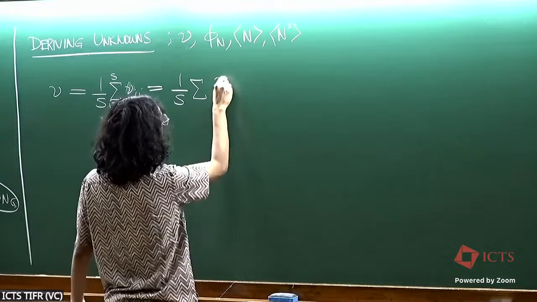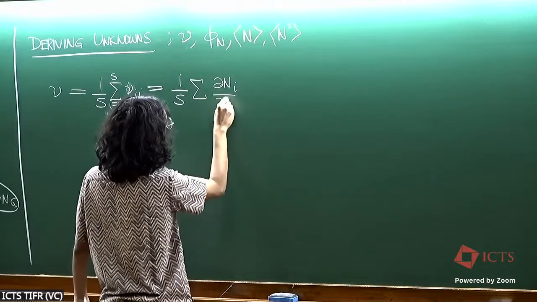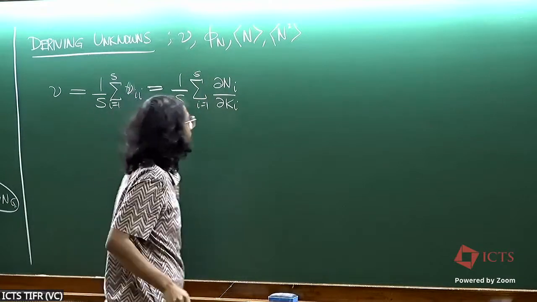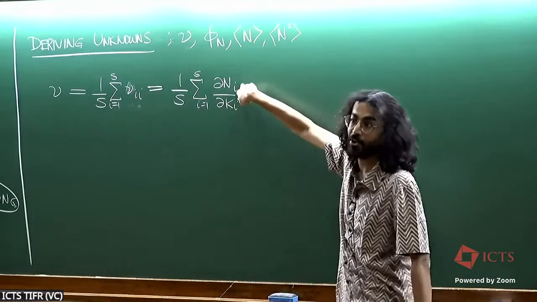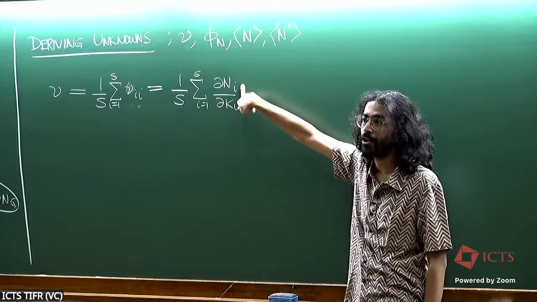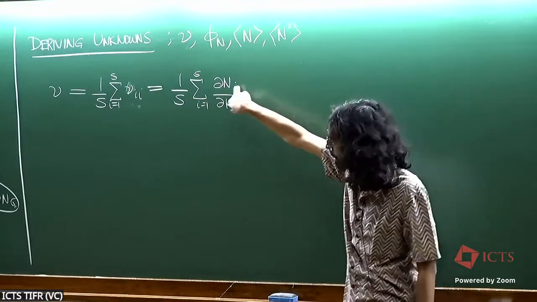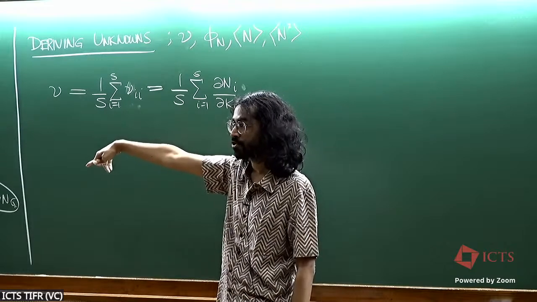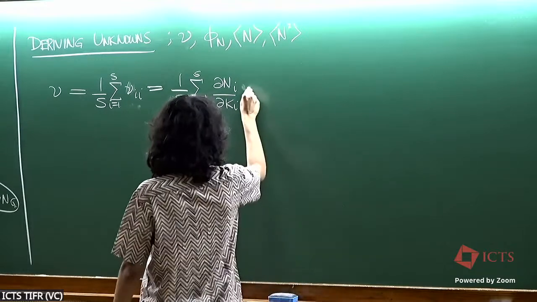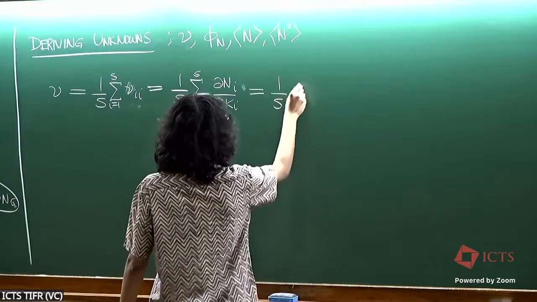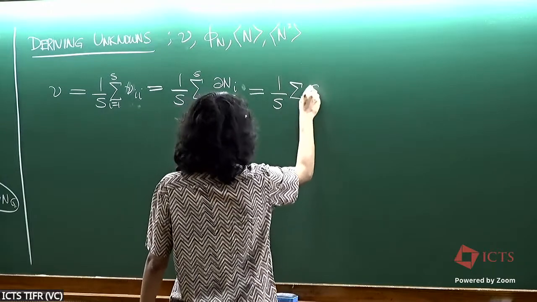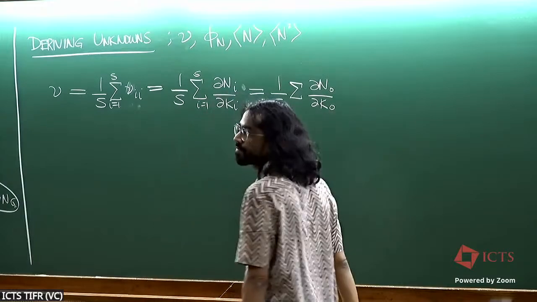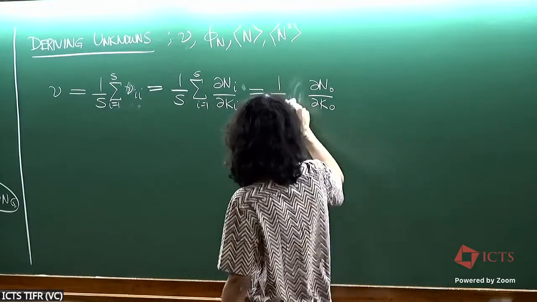So this will be del n_i, del K_i, summed from 1 to S. This requires me to know an expression for n_i. I don't know it. What do I know an expression of? N0, right? And so what we're going to do is just replace this with del N0, del K0, going S times.